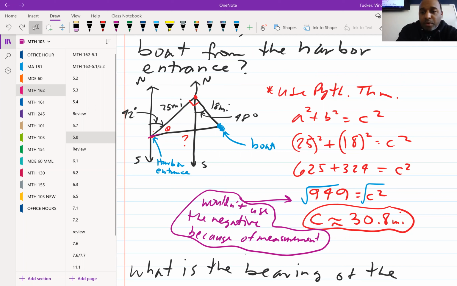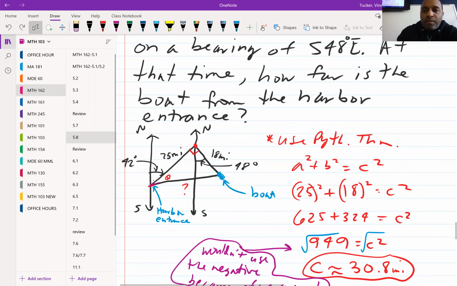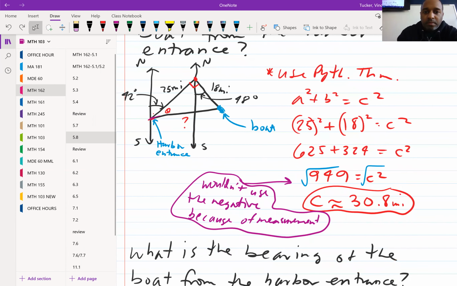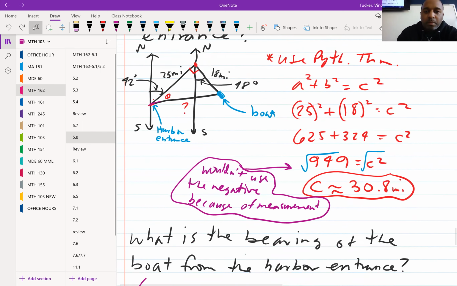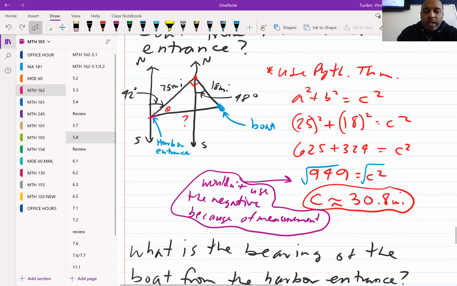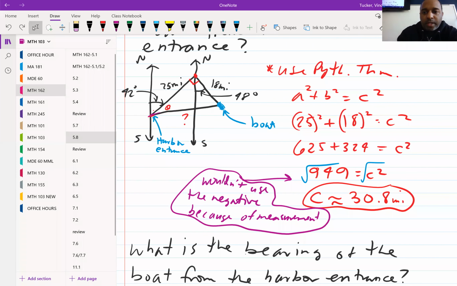So we have 30.8 miles, and that's how far the boat is from the harbor entrance. Got another question down there, but is everybody okay with finding how far the boat is from the harbor entrance?